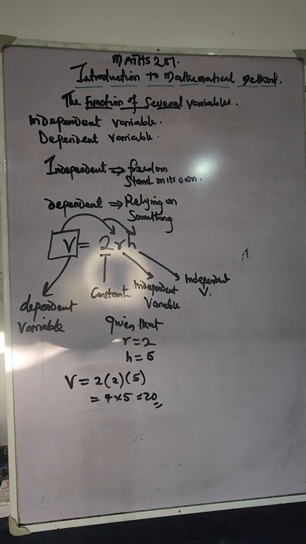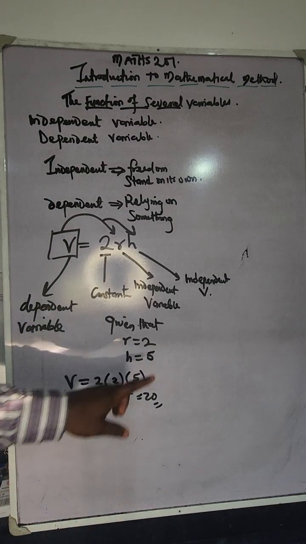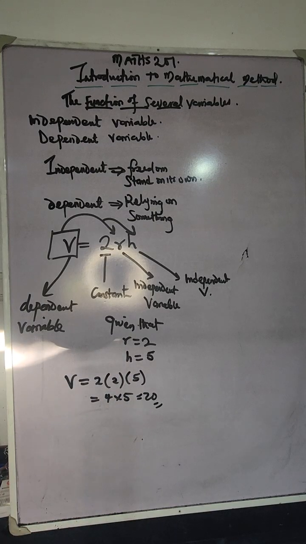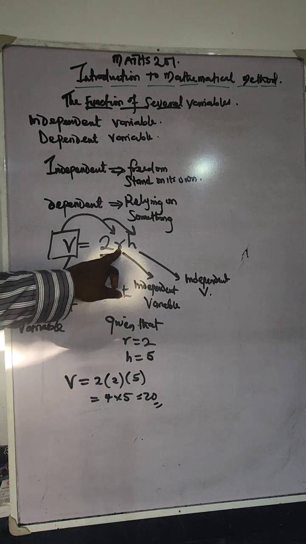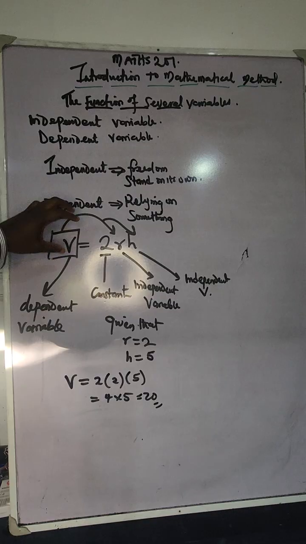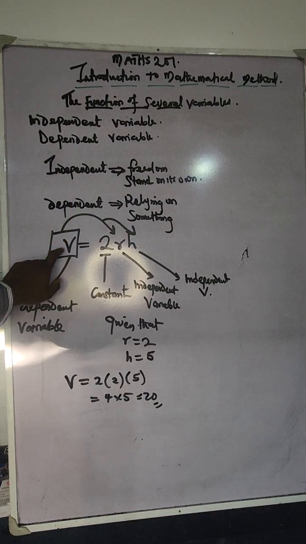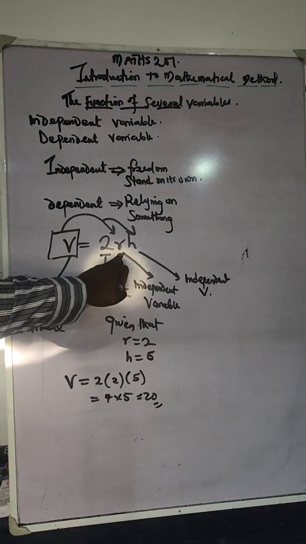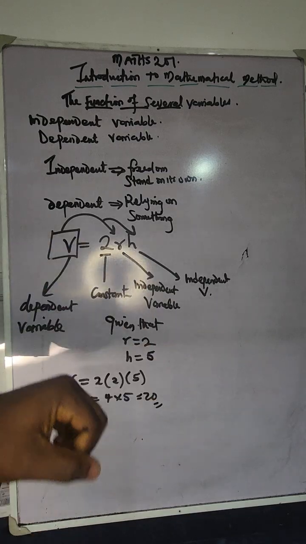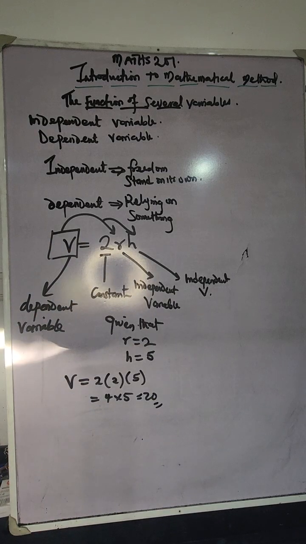What it simply means is that the value of V has been revealed. Why? Because the value of H was given, the value of R was given. So these two are what hold the existence of V. Did you see that? The values of R and H are what hold the existence of V.